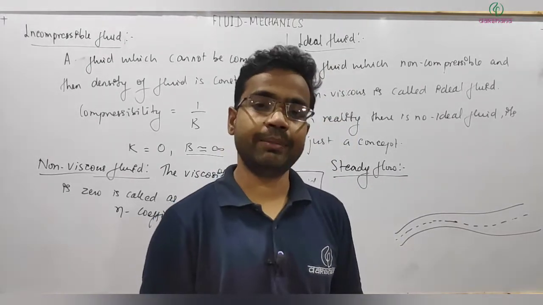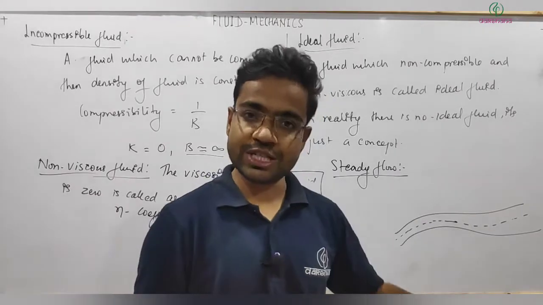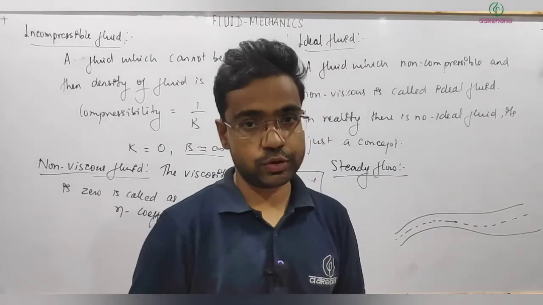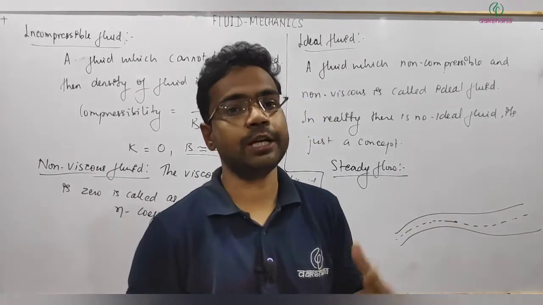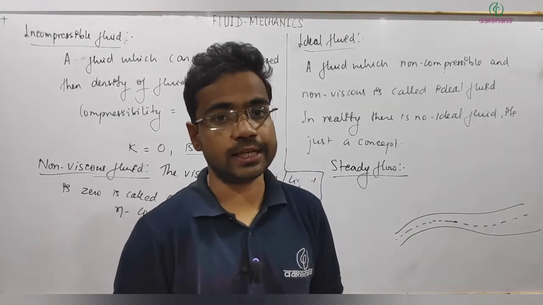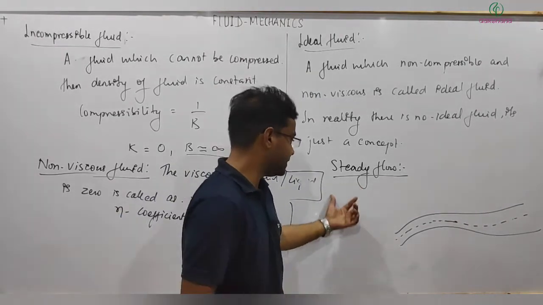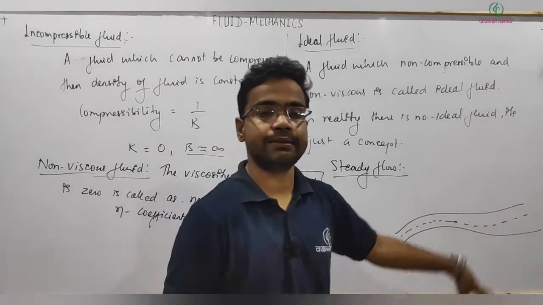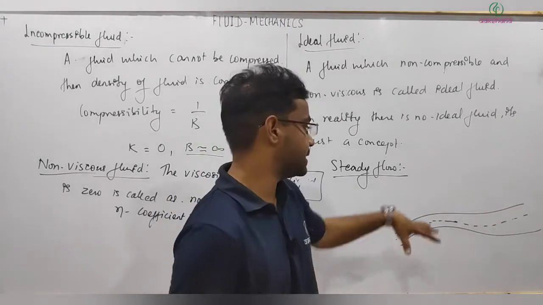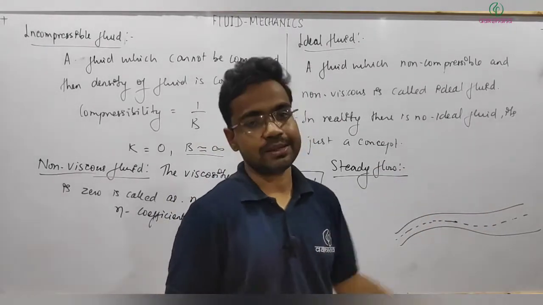Another possibility can be every point velocity is different and it's changing with time also. So different combinations, different possibilities can be there. So for that we define, okay, if this is the condition we will call that steady flow, if that is the condition we will call something else, and so on.